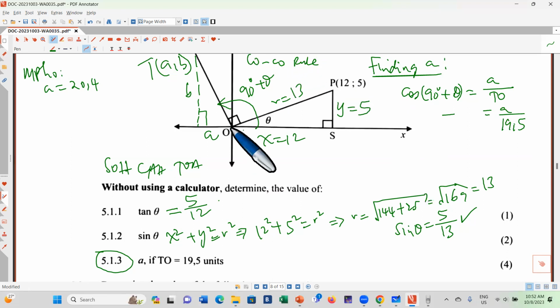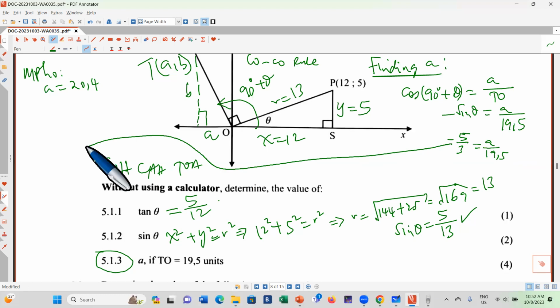So this one becomes minus sine theta. What is the sine here? Minus 5 over 3, so minus 5 over 3 is equal to A over 19.5.